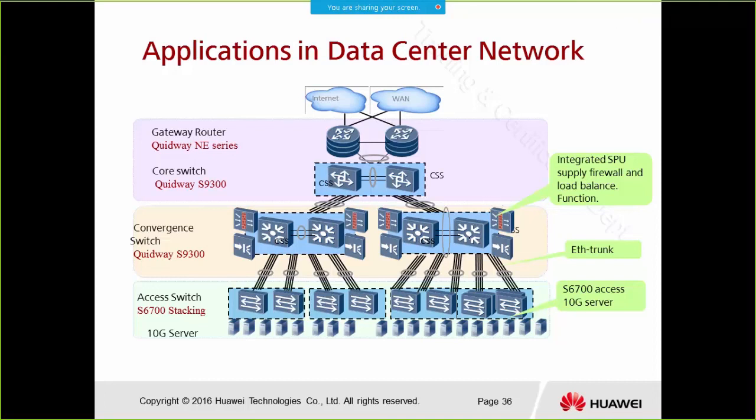And a chassis switch has a lot of slots. On those slots, we can insert the SPU card to make it support firewall function. So there is no need to buy an extra firewall for our network.